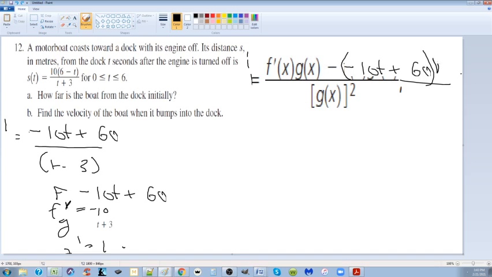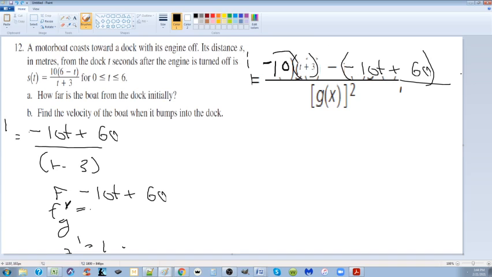There's g prime, that is 1, so I don't need it. And then f prime is minus 10, and g of x is given by that. You can see right away that I can factor out a 10 from both of these and bring it back later. So I didn't need the 10 at all.